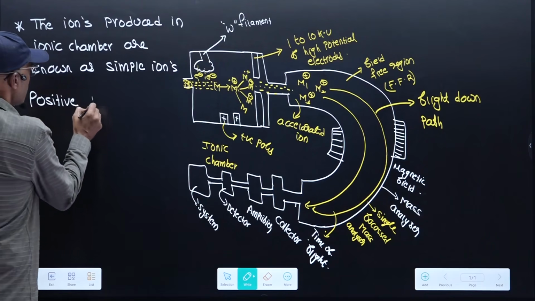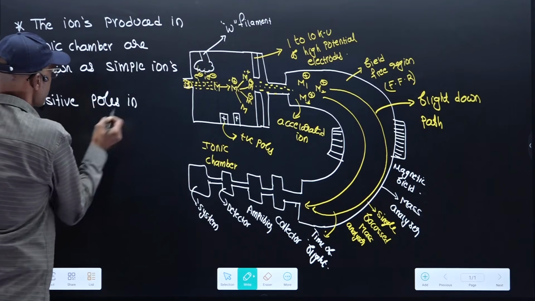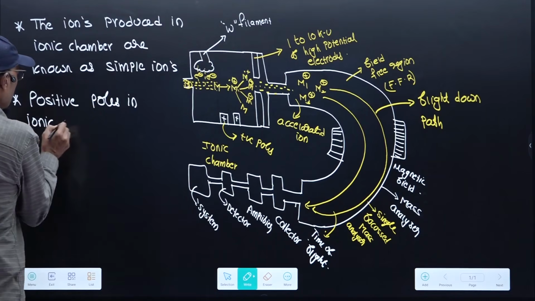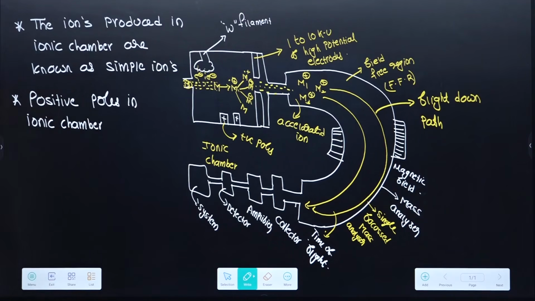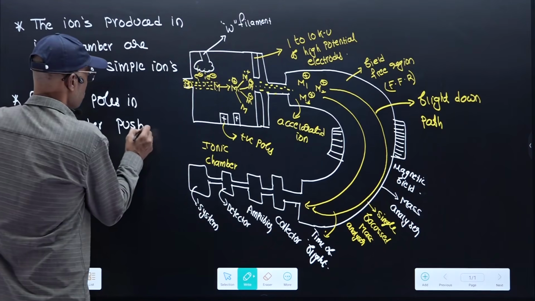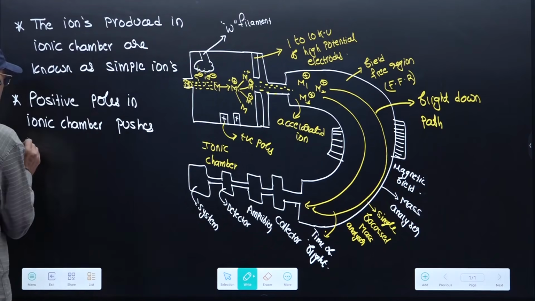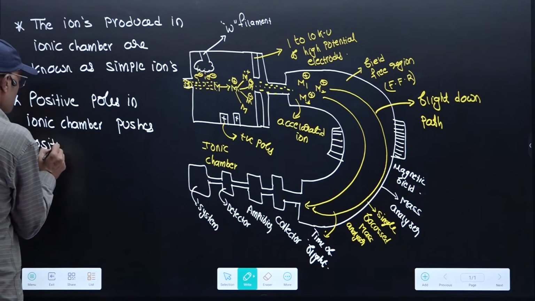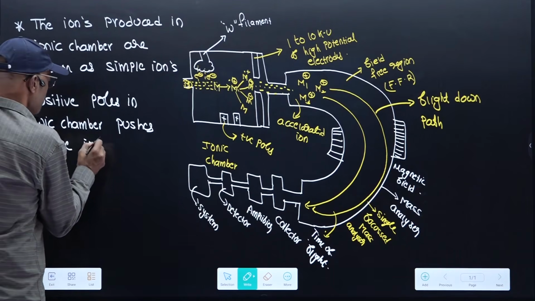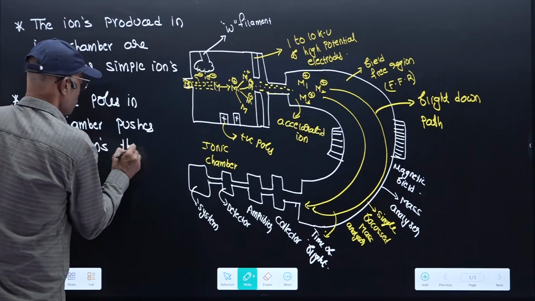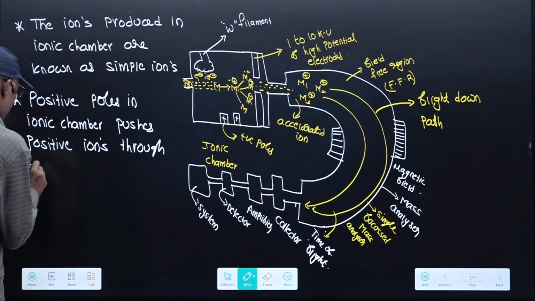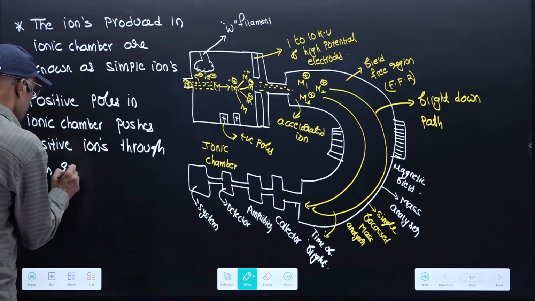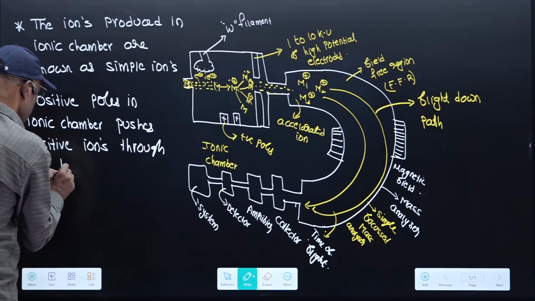So positive poles in the ionic chamber push positive ions through high potential electrodes.